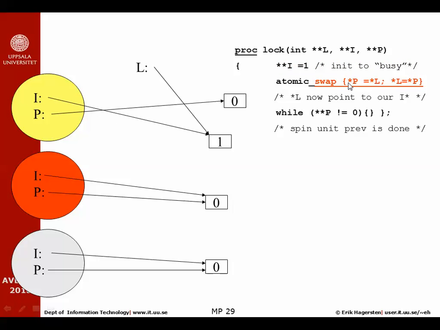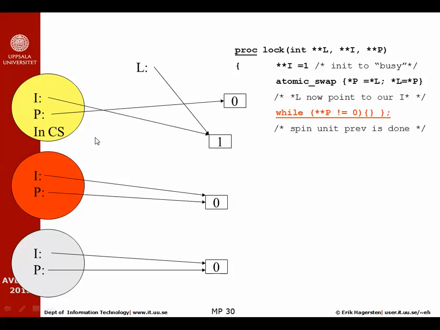Now L is pointing, once more, to the lock, but it's pointing to a busy lock. And P is pointing to a free lock. And then we say, while P is not free, keep spinning. Well, P is free. P is pointing to a 0. So this thread will manage to get into the critical section.